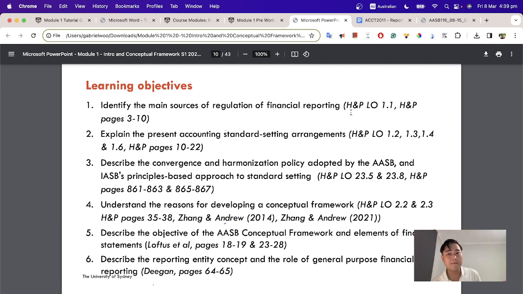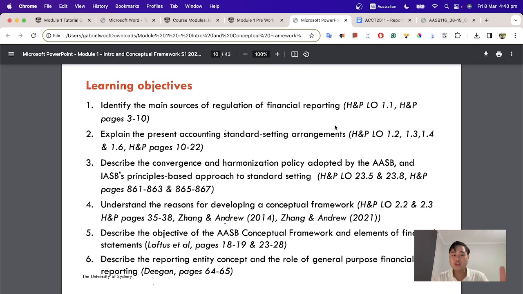In Australia, LIFO, last in, first out, is not a thing. However, why do we still learn about it? Because in the US, LIFO is accepted under the generally accepted accounting principles set by the FASB. So, because the US has such a large capital market, we still have to learn a lot about them, unfortunately.